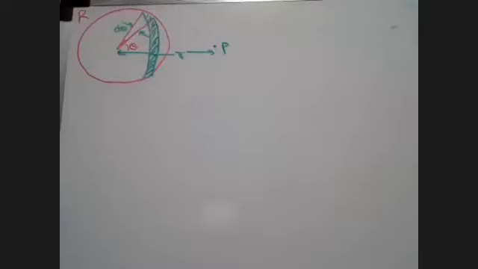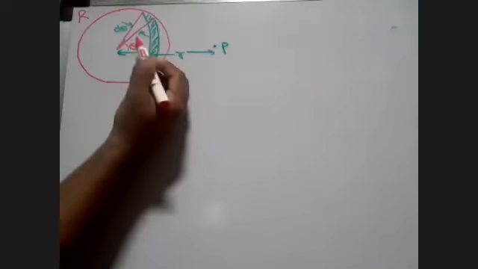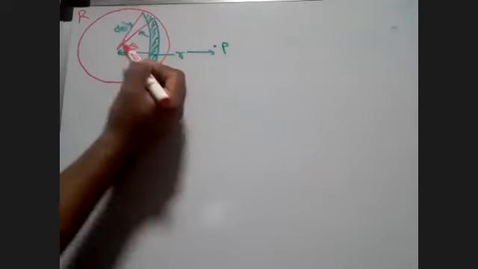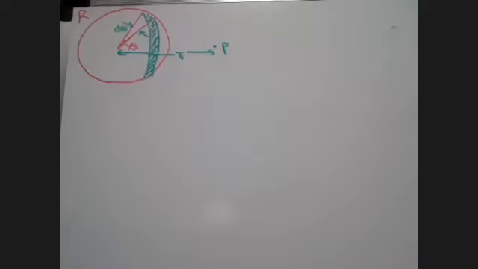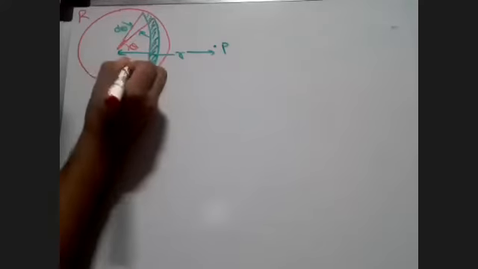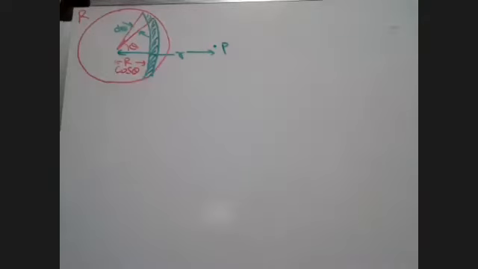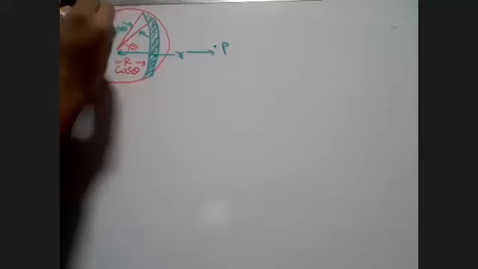If this is going to be R, then what's going to be the horizontal component of that? It's going to be R cos theta. So I will write it. This is R cos theta. And the vertical component will be what?